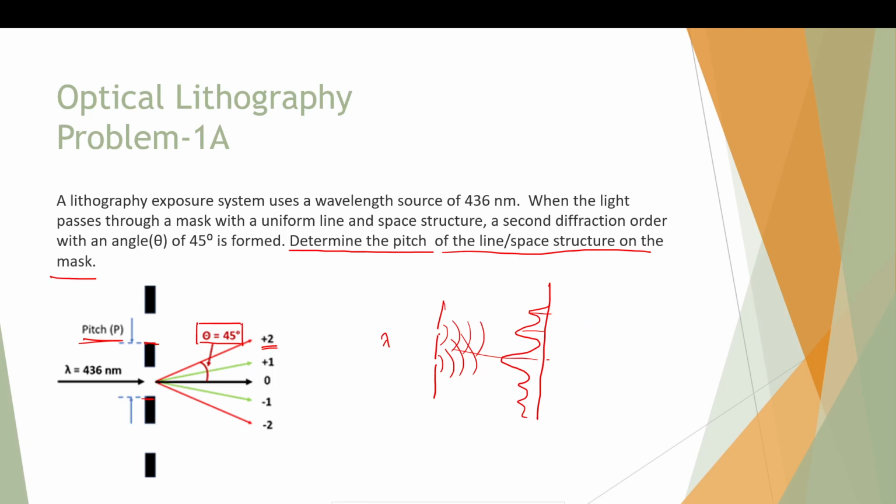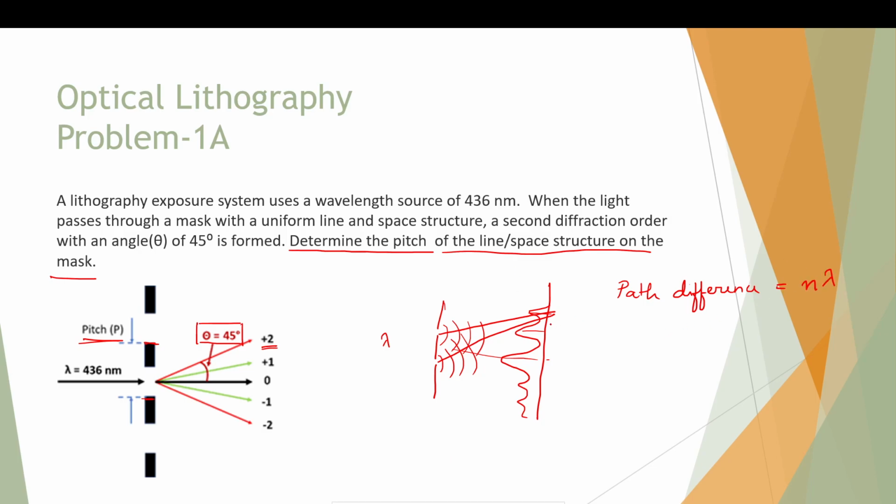For the second order maxima to happen, the light from both these slits should interfere constructively here. For constructive interference, what should be the path difference? The path difference has to be a multiple of the wavelength. From our optics courses we know that the path difference for constructive interference is some n times lambda.